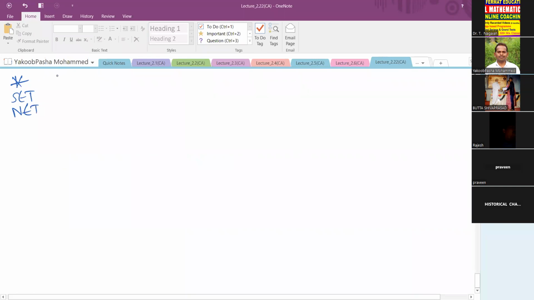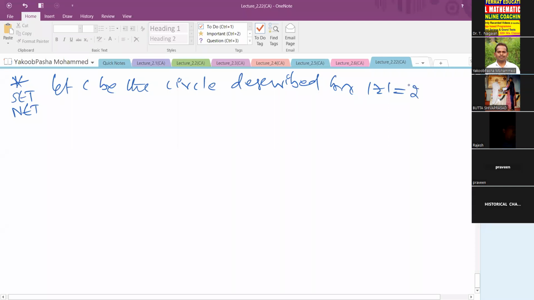Let C be the oriented circle described by modulus of z equal to 2.